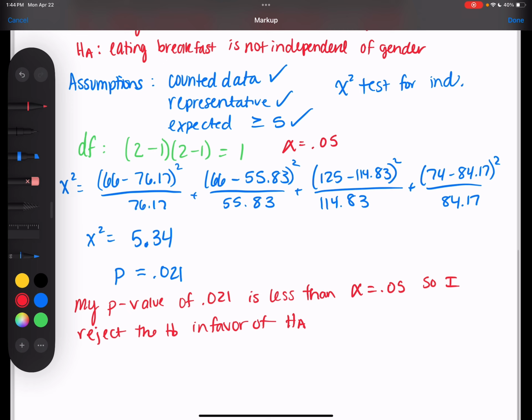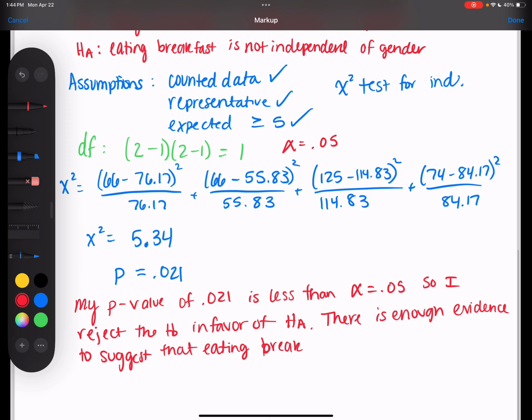So there is enough evidence to suggest that eating breakfast is not independent of gender.